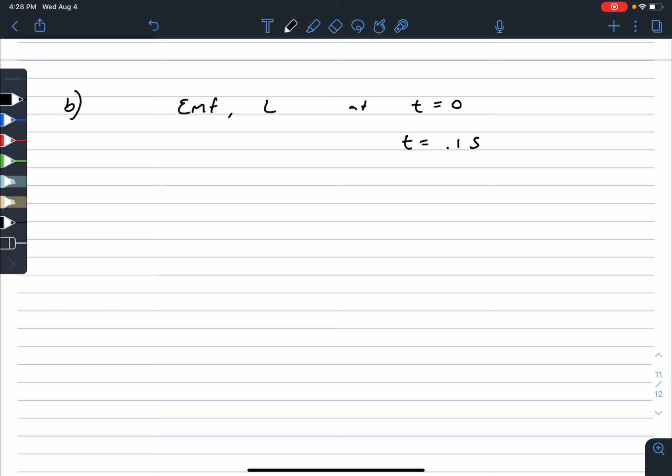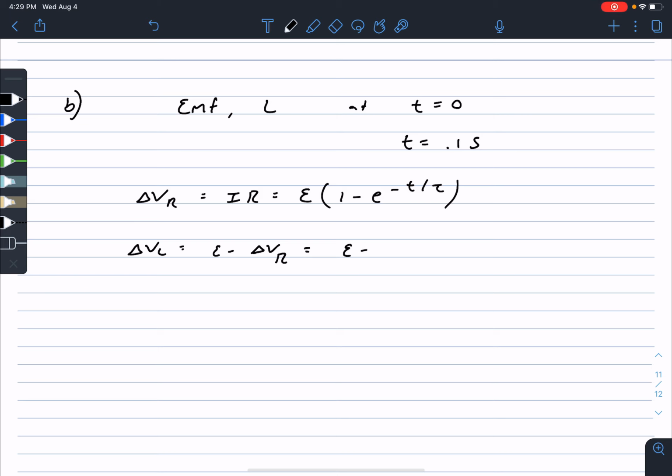We have some relationships that we can use. Let's recall that for a resistor, delta V is equal to IR, which in this case is also equal to the EMF times 1 minus e to the negative t over tau. Then using Kirchhoff's rules, we have E minus delta V_R.